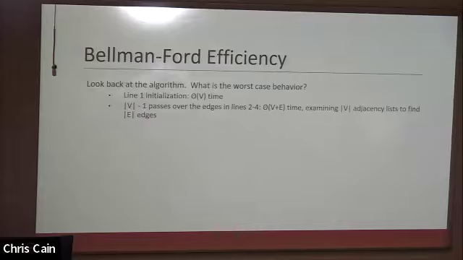So that's V plus E. We're looking at V adjacency lists to find E edges. Lines 5 through 7, V plus E time again. But that's a loop inside of this. So we end up with the total time here at V squared plus VE.